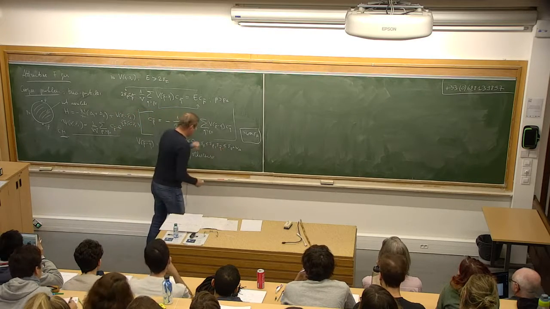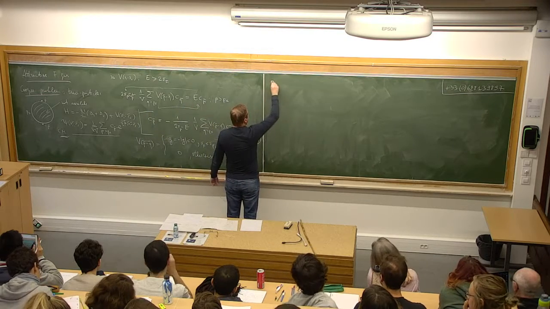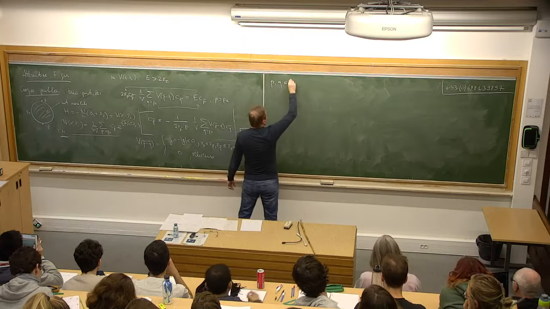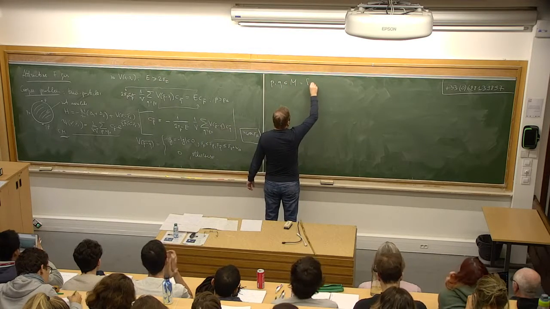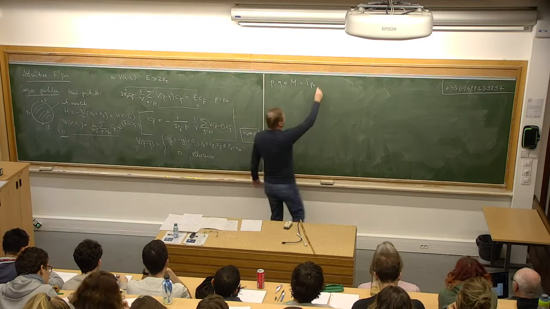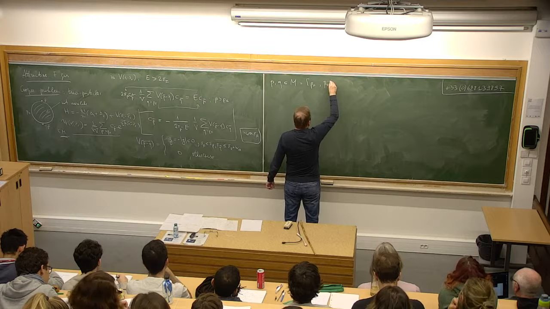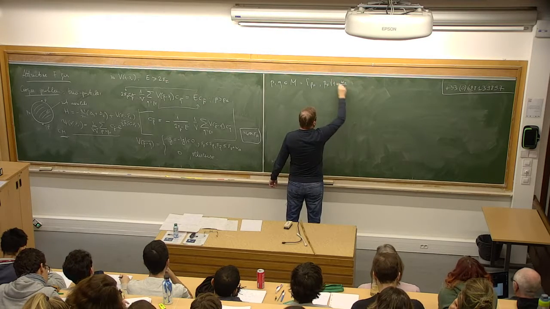That means that p and q should belong to some region M, which starts from P Fermi up to P Fermi times the square root of 1 plus omega 0 over epsilon Fermi.